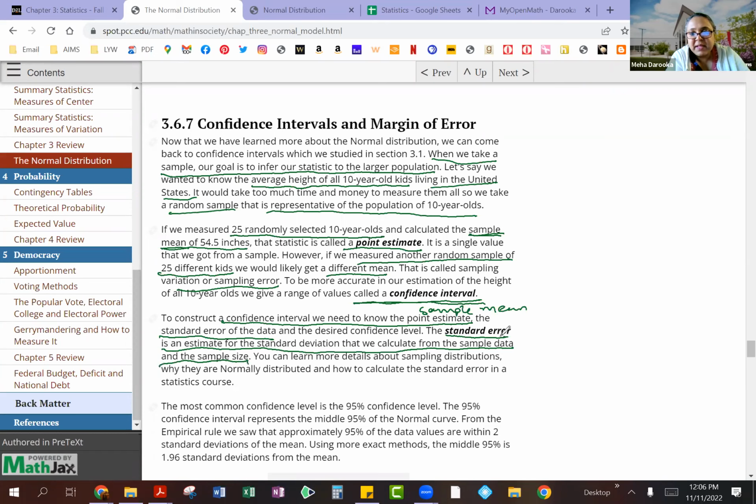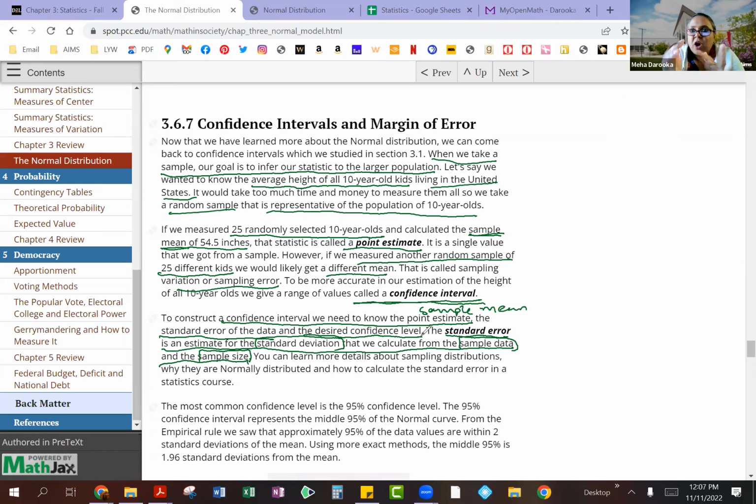And then the other thing you need to know for the confidence interval is the level of confidence that we want.